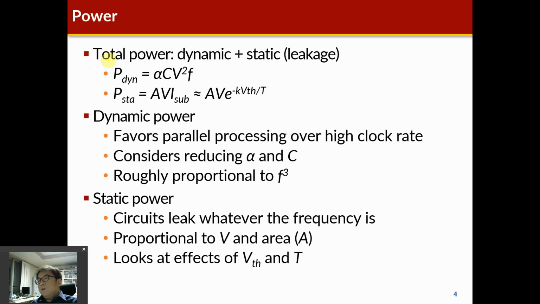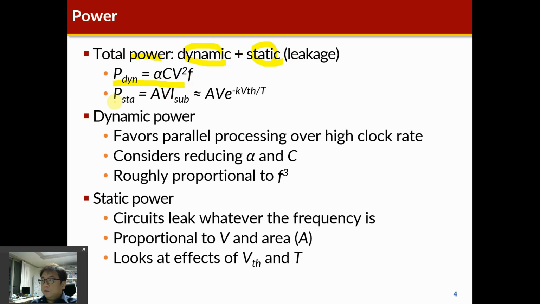And then total power is basically dynamic power plus static power, and then we frequently call static power the leakage power. And then this is total power. Power is composed of dynamic and static power consumption, and then this equation is the dynamic power consumption.